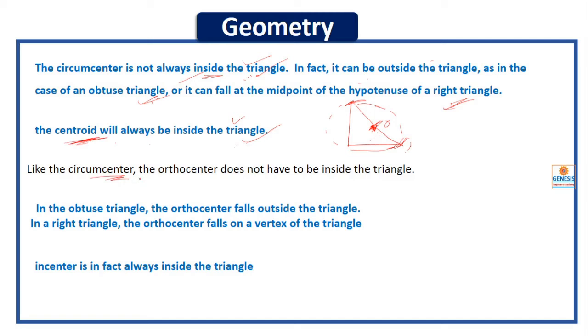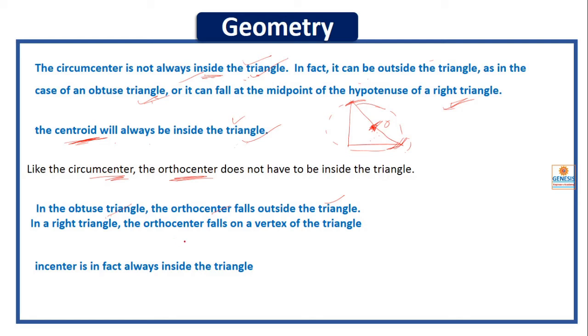Like the circumcentre, the orthocentre may not be inside, sometimes outside also. In an obtuse triangle, the orthocentre falls outside. Circumcentre also falls outside for obtuse. For acute, inside.